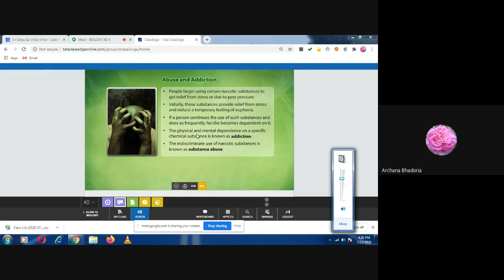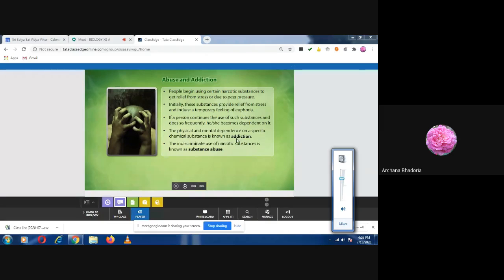Physical and mental dependence on a specific chemical substance is known as addiction. Did you get it, everyone? Noted all of you what is addiction? The physical and mental dependence on a specific chemical substance is known as addiction.